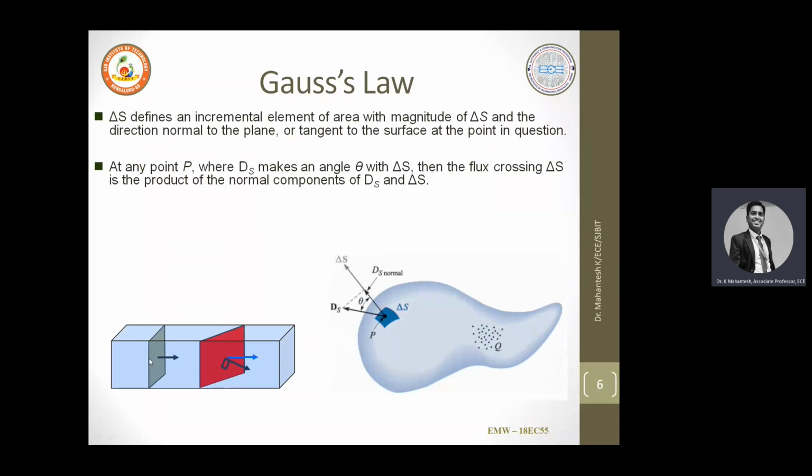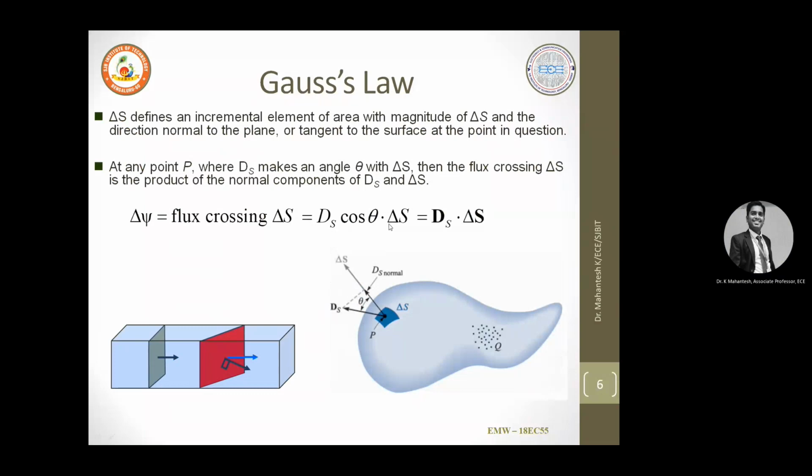This figure shows the electric flux, the differential surface, and delta psi, the flux crossing delta S. So delta psi is equal to the flux crossing the small delta S, which is given as D cos theta times delta S, which is equal to D dot delta S. As it signifies the scalar dot product, this appears as D dot delta S. Therefore, this is the flux crossing the delta S region.